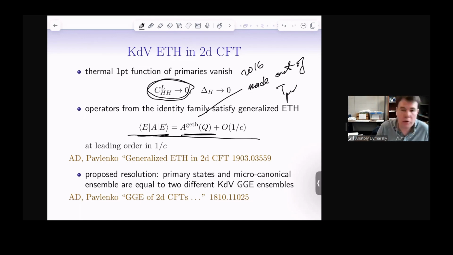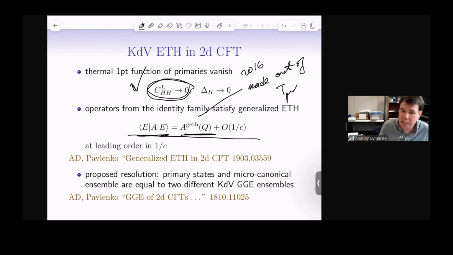And unfortunately, there is no way for us to probe that or check it. This is a conjecture. So if this is not satisfied, it means that ETH has to be thrown out of the window. But we expect, and many other people think, exactly the same thing, that in a holographic CFT that will be satisfied.